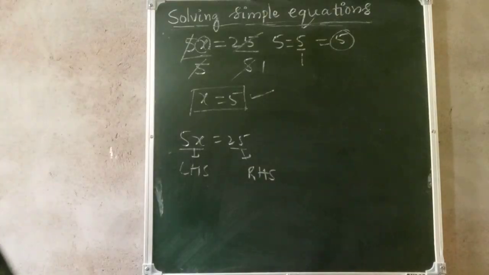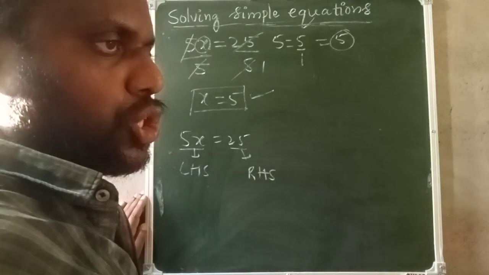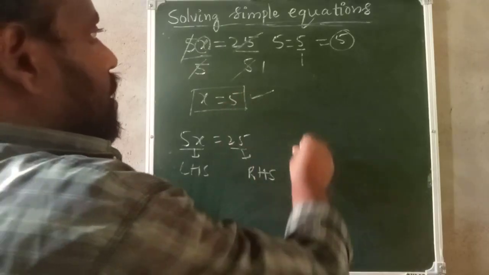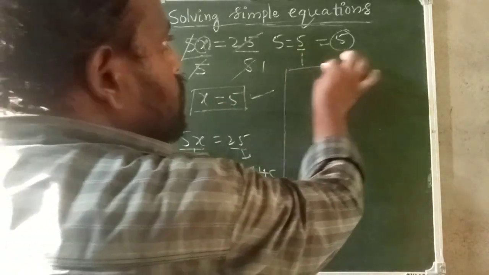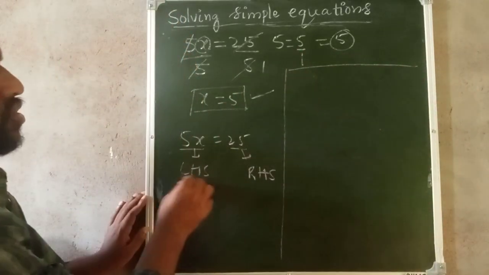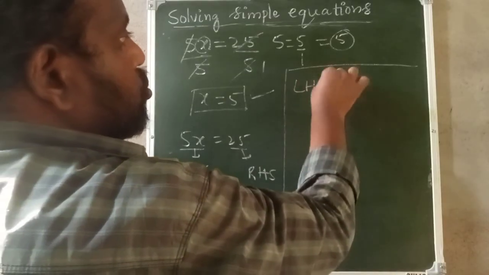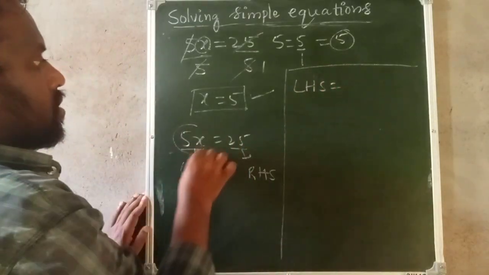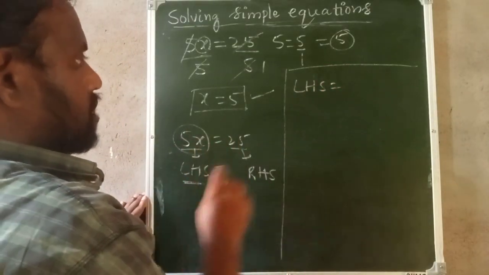Okay. To check whether this answer is correct or not, first take LHS. So LHS is equal to what? This 5x. 5x is LHS.